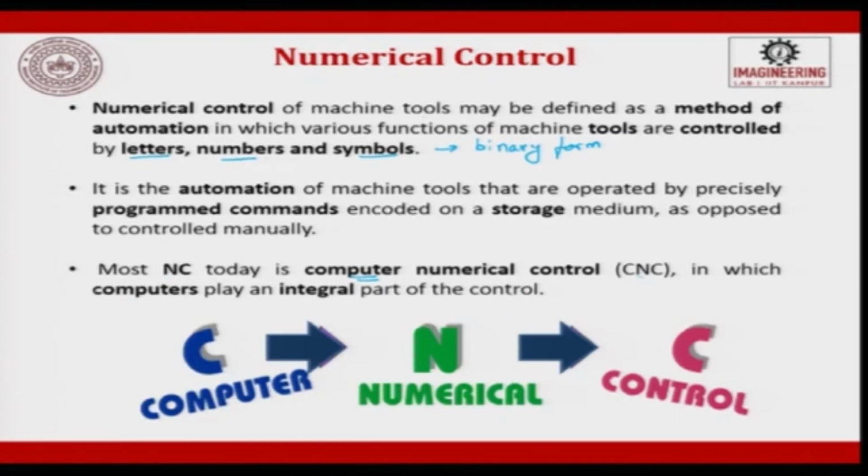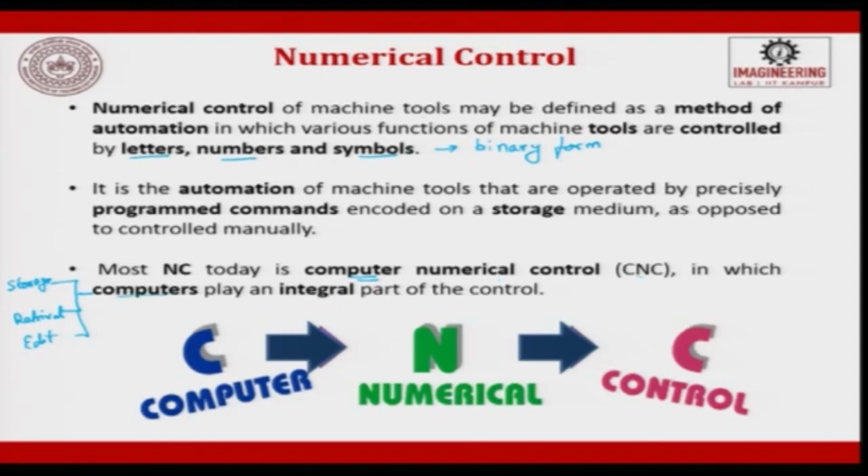Moment I say computer, it has storage, it has retrieval and it also gives me a freedom of edit. So, with these three I am able to change the program, customize the program towards the output part required.